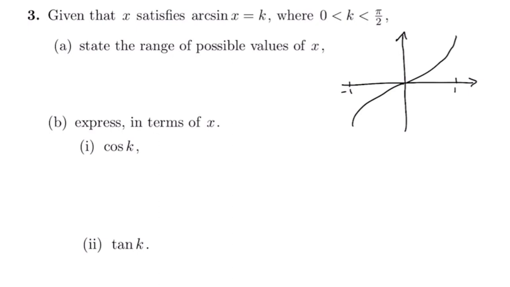And again, so if k is between 0 and pi over 2, it's here. Because if you think, k is actually the y values. So that corresponds to these x values, the ones I've just coloured in red, and therefore that must be 0 is less than x, which is less than 1.